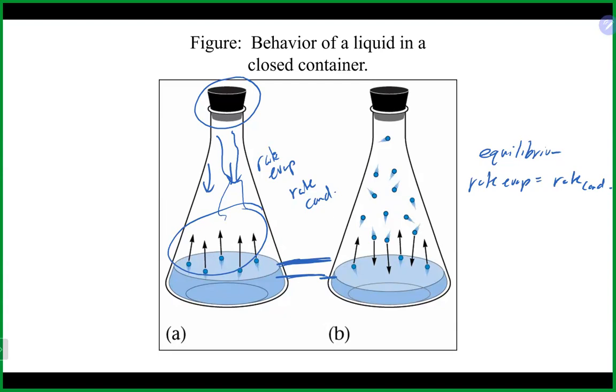That essentially locks everything into place in terms of the level of the liquid that you will see, because just as soon as these molecules drop, you'll have the same amount coming back out of solution. So there's no net change in the gas versus the liquid at this point.